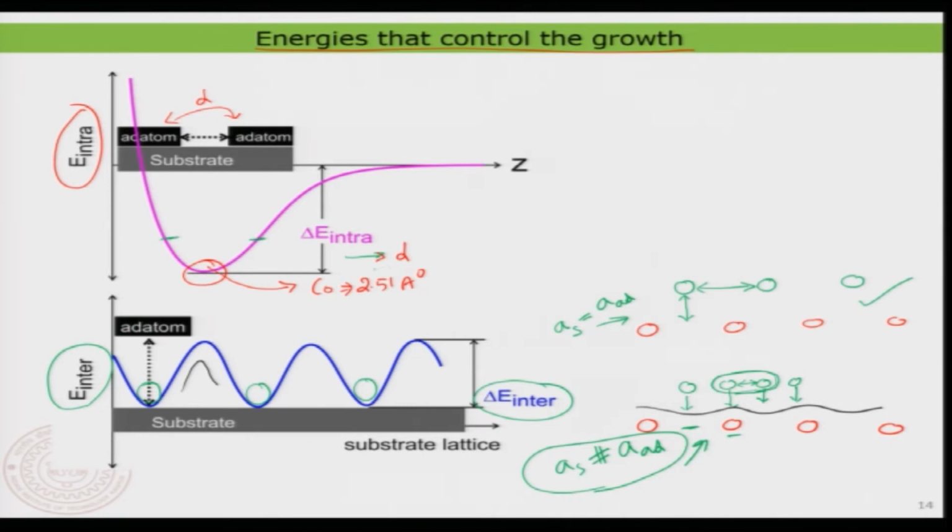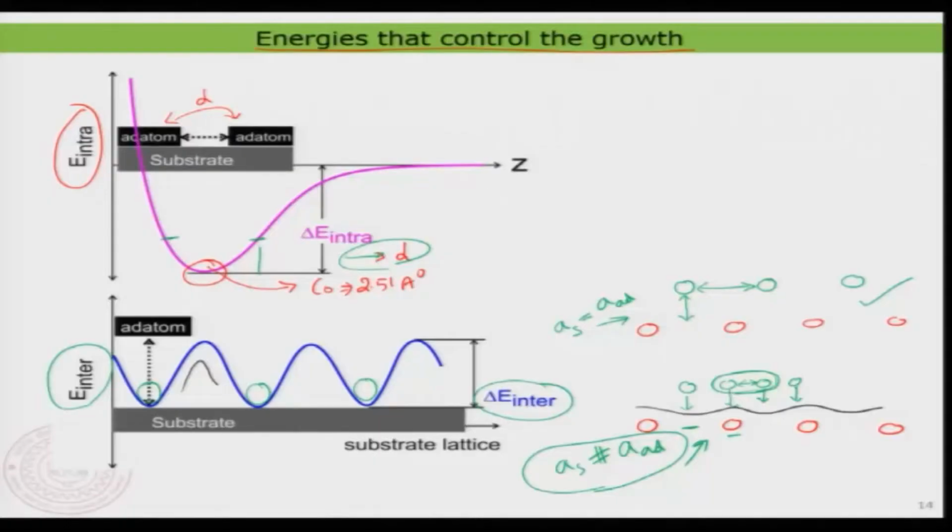This axis, as I have already told you, is actually the axis which controls the distance between the add atoms. So, at the interface, if the atoms need to be stretched and then placed at the favorable adsorption site, then you can see that there is this much amount of destabilization in terms of the E intra.